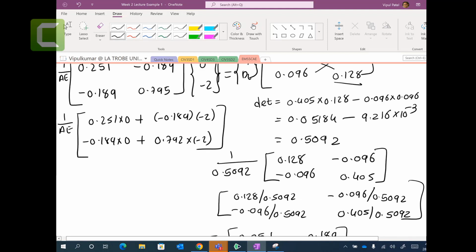So what happens here? 1 over AE, 0.189 times 2, you got something is wrong, 0.378, and 0.792 times 2, you get 1.584.